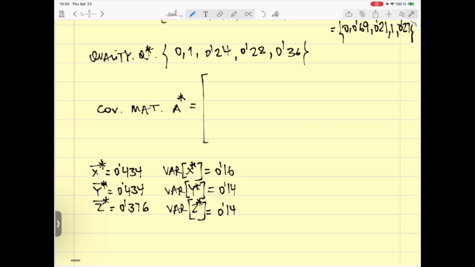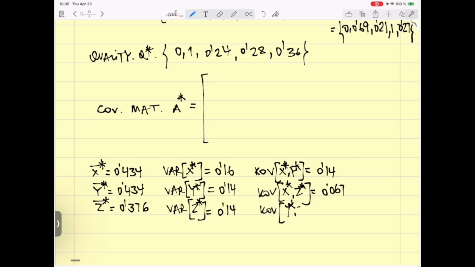Then the covariance of x and y is going to be 0.14. The covariance of x and z is going to be 0.067, and the covariance of y and z is going to be 0.067.